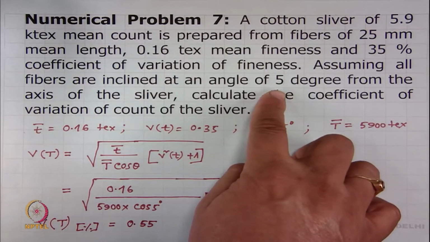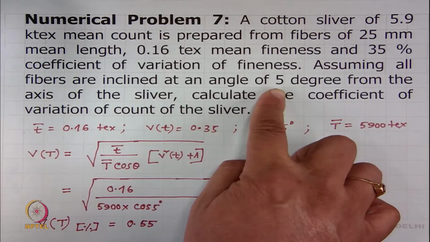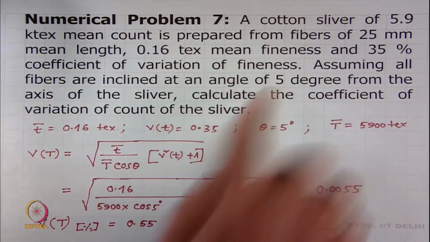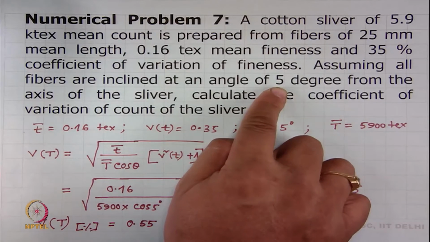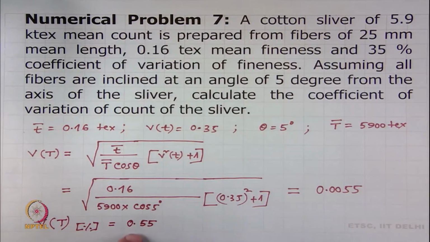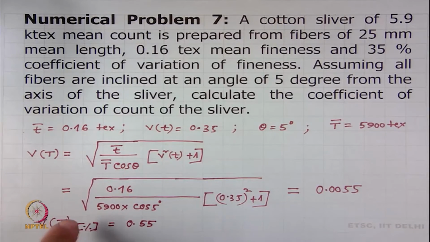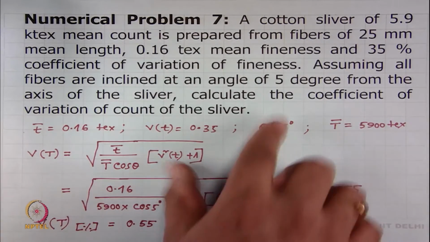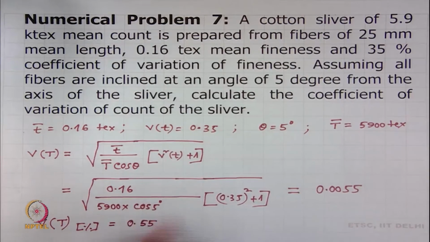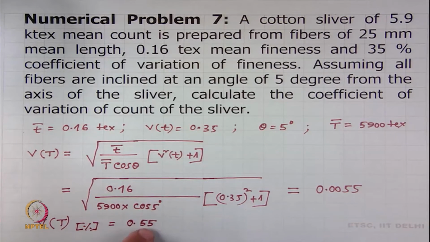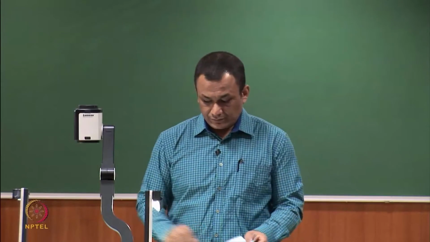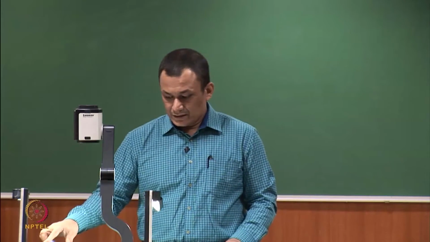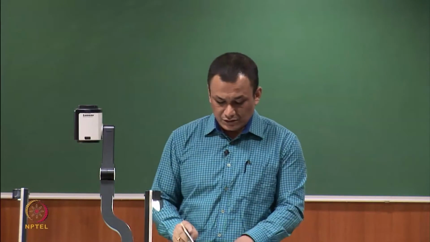Instead of 5 degree, if this value would have been say a little higher, 15 degree, 20 degree, then this value would have been higher. As the angle is very small, near to 0, its impact on the mass CV of the sliver is not seen. However, if the angle is higher, then this value will be higher, which will be different from 0.55. Right. So, problem number 7 is completed.